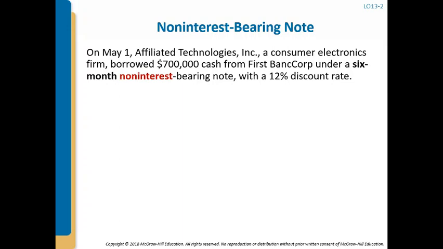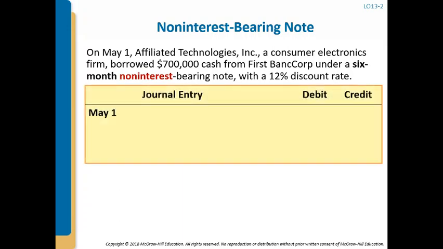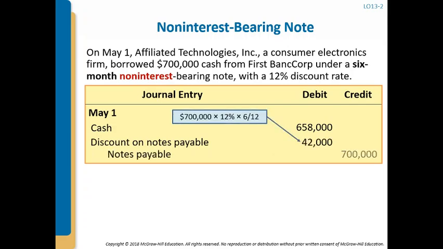And so in the initial recording, you're going to record cash at $658,000. So it's going to be $700,000 less the amount of interest that's going to be paid.